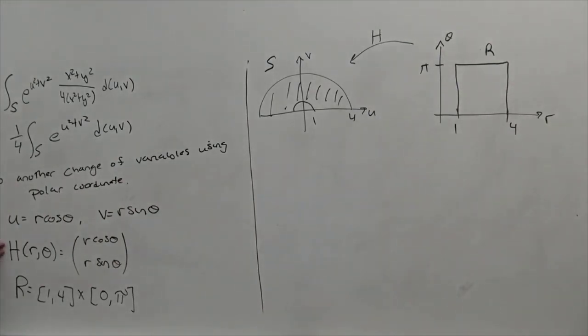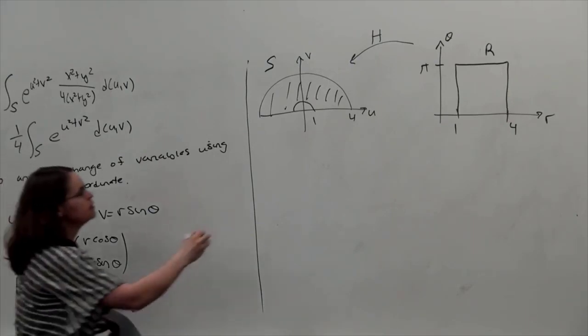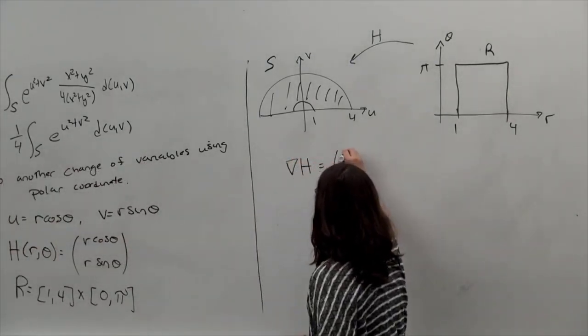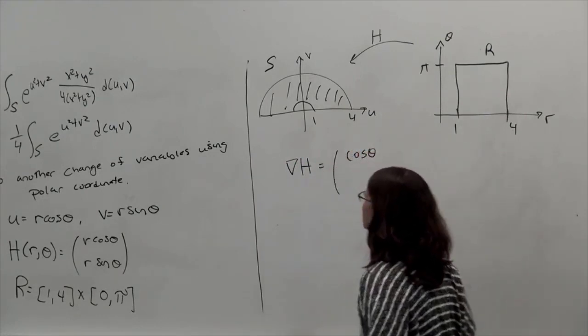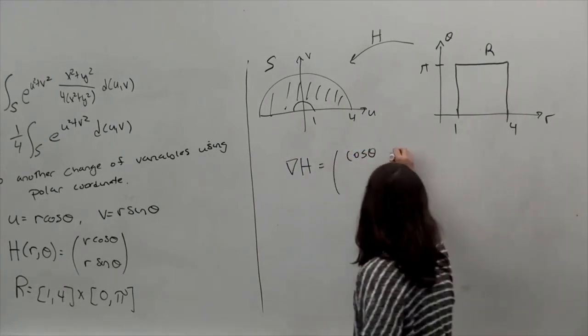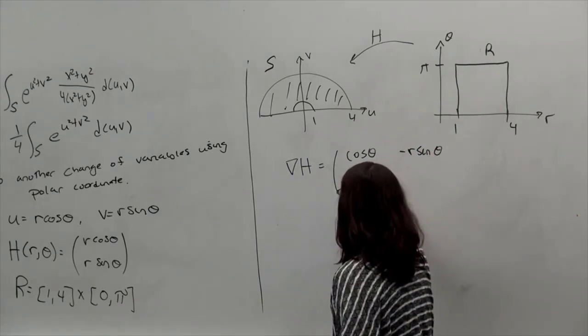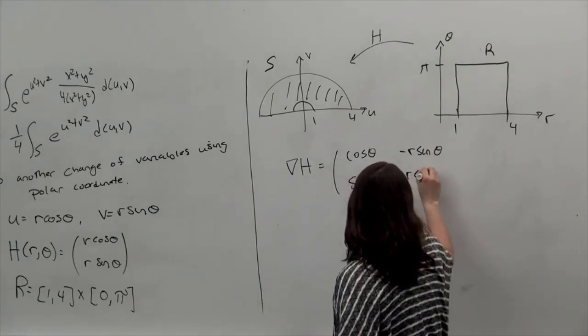Okay, so here we don't need the inverse function theorem, now we can just do it directly. The Jacobian of H is, right, derivative with respect to r is cosine theta, minus r sine theta, sine theta, r cosine theta.